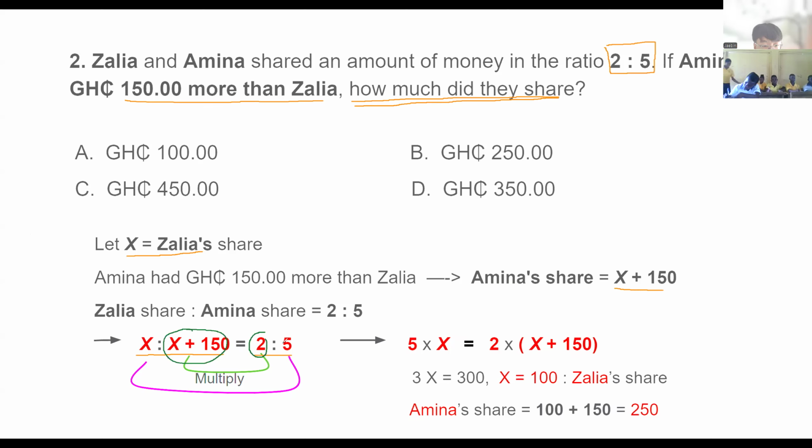Okay. That's what we did here. 5 times X is equal to 2 times X plus 150. We cross multiplied, set them equal.